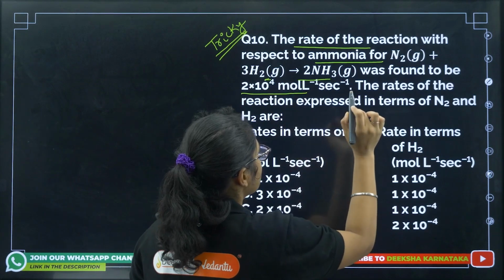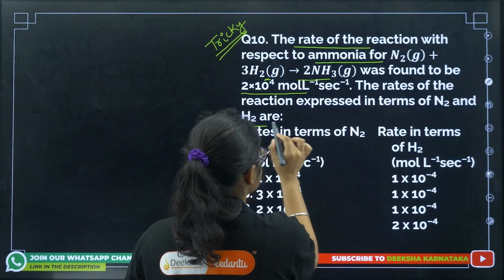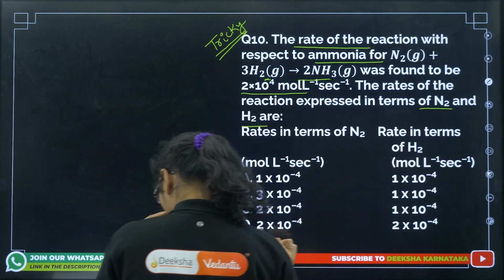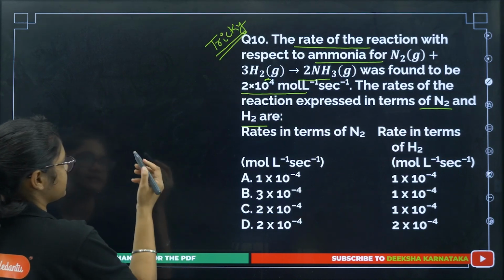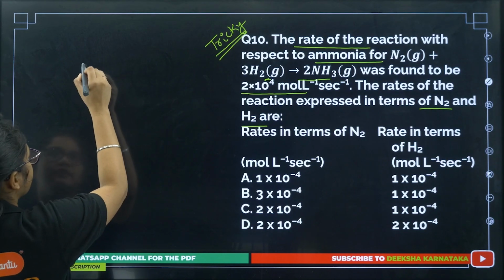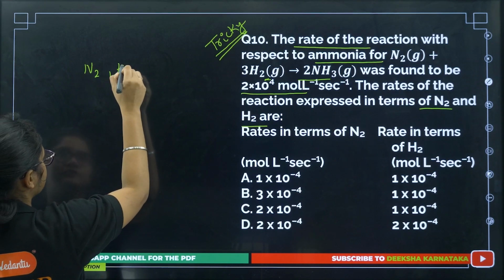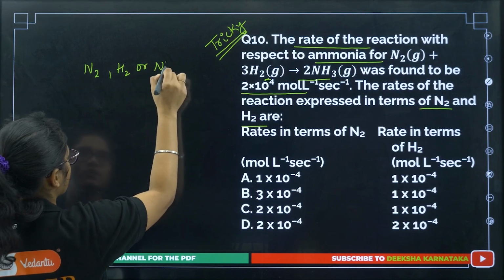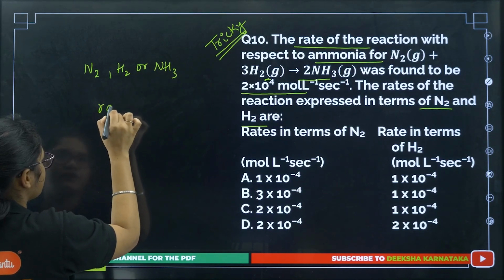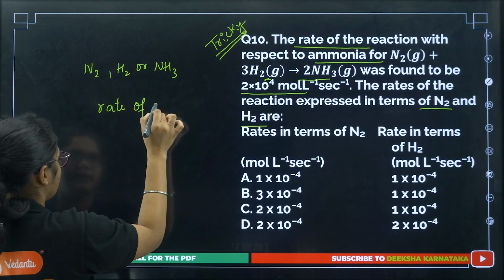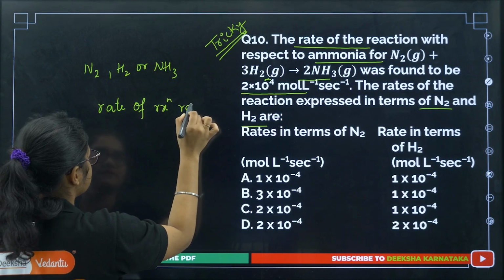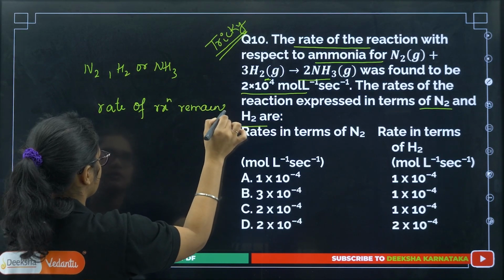Now the rate of the reaction expressed in terms of N2 and H2 are? Remember, whether you express it in terms of N2, H2 or NH3, the rate of the reaction remains always the same.